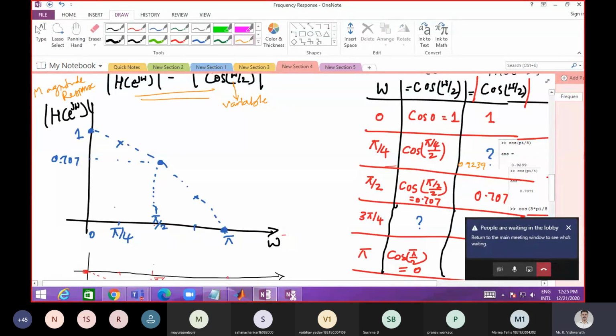I'll sketch that here. So when omega equal to pi by 4, this is 0.9239. But on a decibel scale, we have to take 20 log of 0.9239. So we will calculate that in MATLAB.